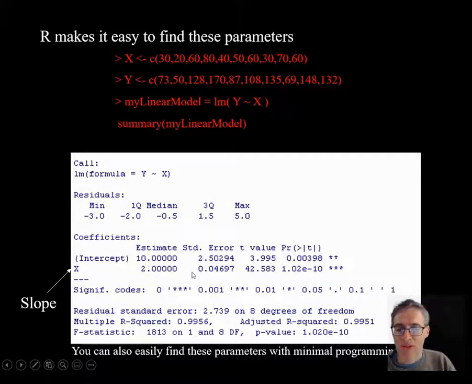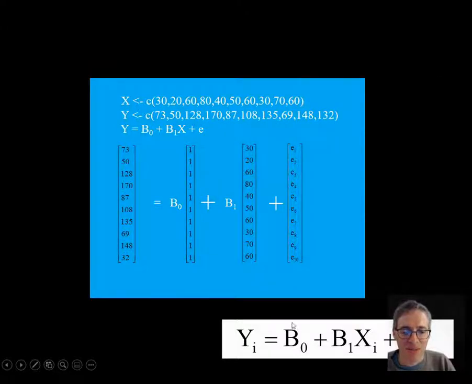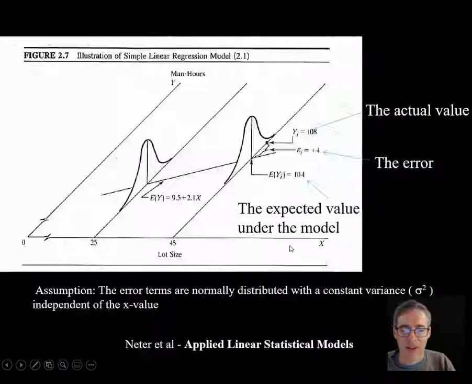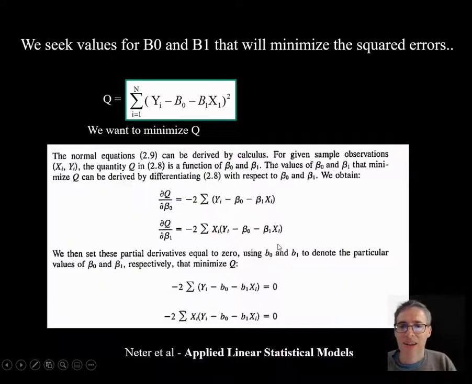These are the values for x and y. Of course, this data set is chosen so that these values are perfect integers. Most of the time they won't be. So this is the value for b0 and b1 in our model, the values that minimize these residual sum squared errors. You can also find these values with very minimal programming, and we'll show how to do that in a minute.